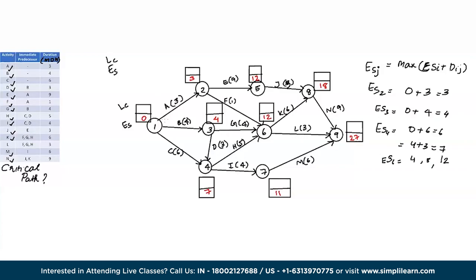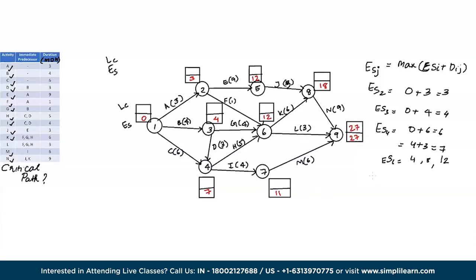Now, let's have a look at the latest completion time. For this, we'll start from node number 9 and work our way back to node number 1. So the latest completion time of the last node is always equal to the earliest starting time, which means that here, latest completion time of this node is 27.